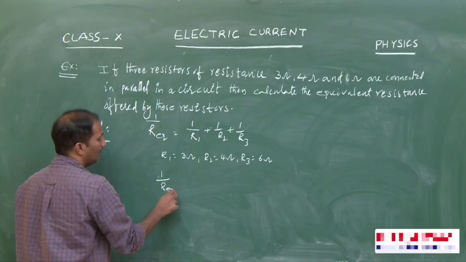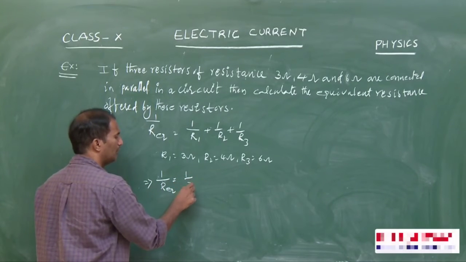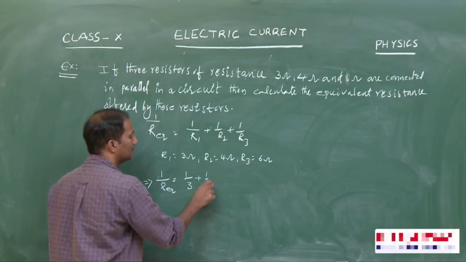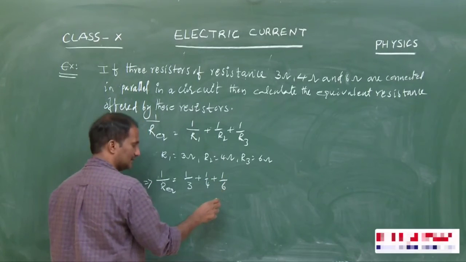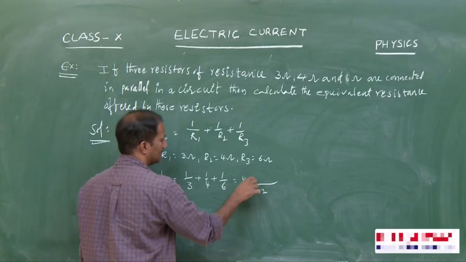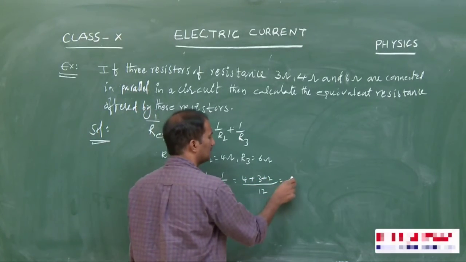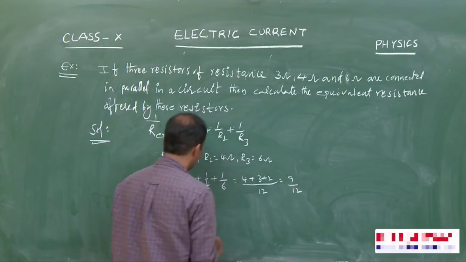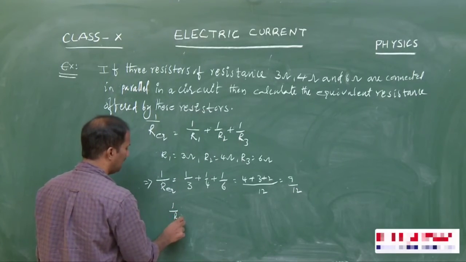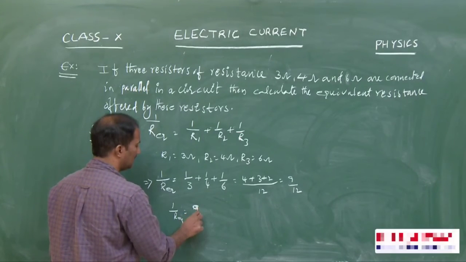That is, 1 by R equivalent is equal to 1 by 3 plus 1 by 4 plus 1 by 6. The LCM is 12. 4 plus 3 plus 2, that equals 7 plus 2, 9 by 12. That implies 1 by R equivalent is equal to 9 by 12.